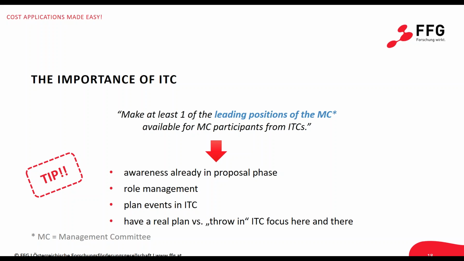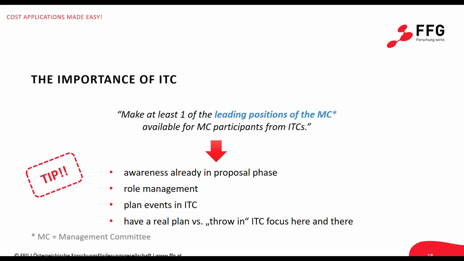Also, what they like to see is events that are planned in ITCs. And again, in the proposal phase, you don't need to be very detailed about that, but just indicate that you are considering organizing events in these countries, then you'll be fine.